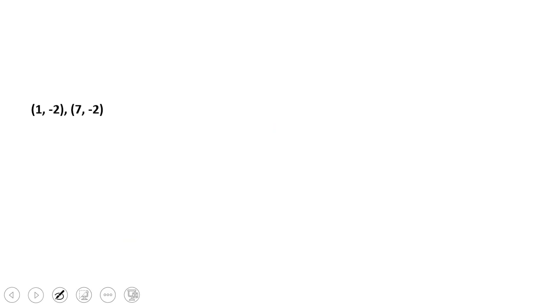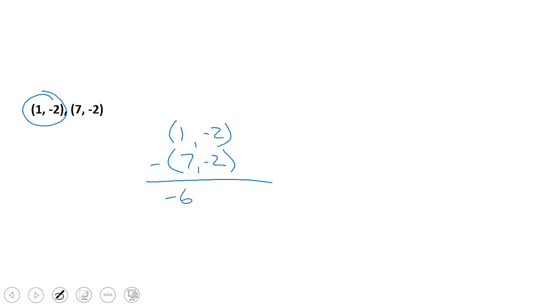And we're going to use that very method because we're going to take the first point right here, that's (1, -2). And we're going to subtract the second point, which is (7, -2). And we're going to say 1 minus 7. Well, 1 minus 7 is -6. And -2 minus the -2 is what? 0.